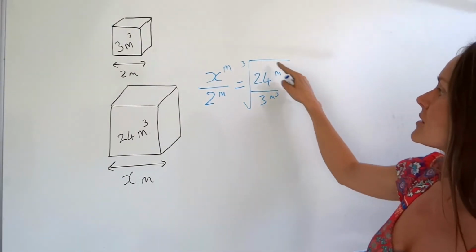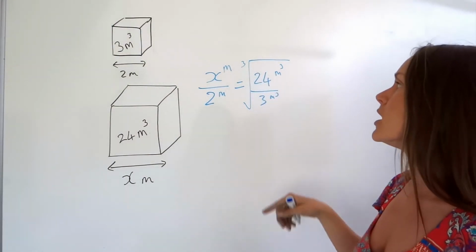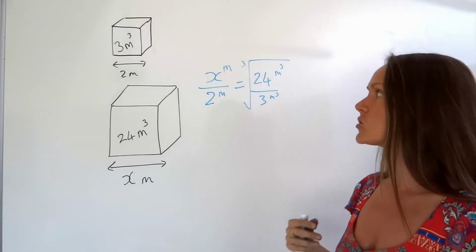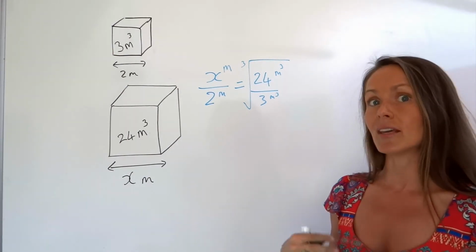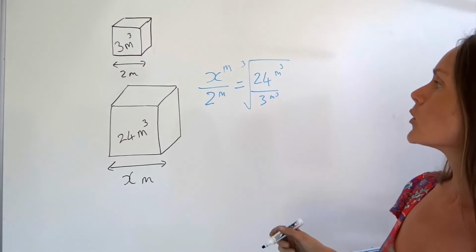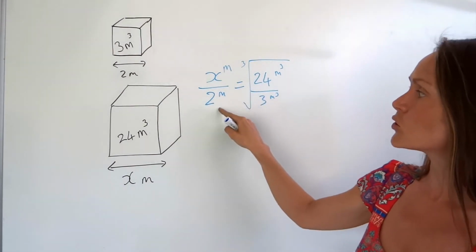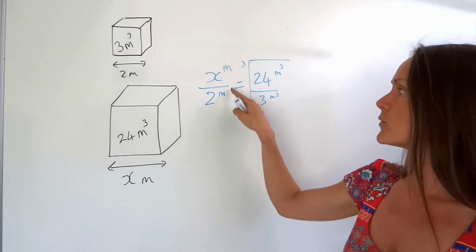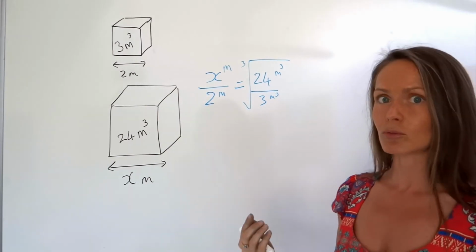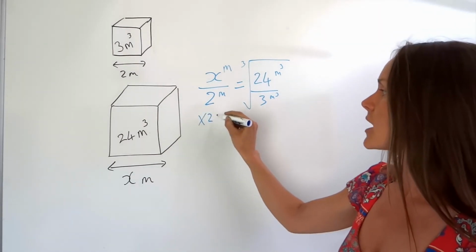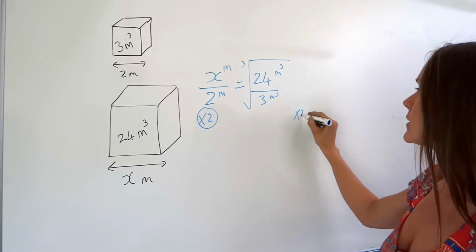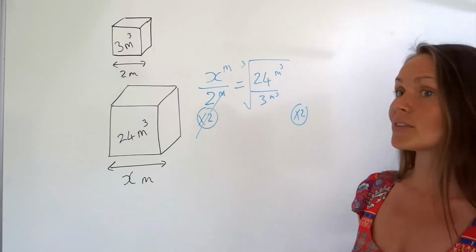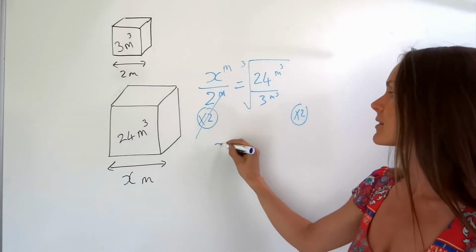So I could simplify here 24 over 3, but I'm just going to leave it like this, just so you know what to do when the questions get a bit harder. So what we need to do next is get rid of the denominator. So the opposite of dividing by 2 is to multiply by 2. So I'm going to times by 2 on both sides of the equation. On the left-hand side that just cancels and I'm left with the length x.